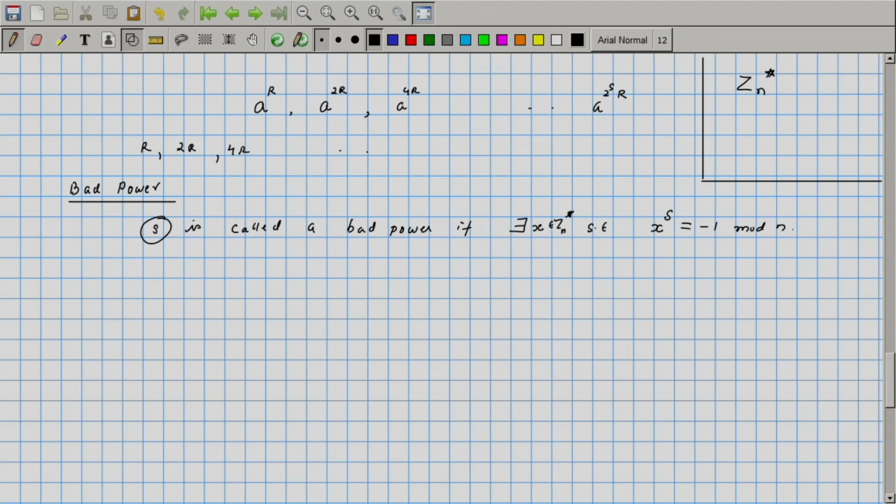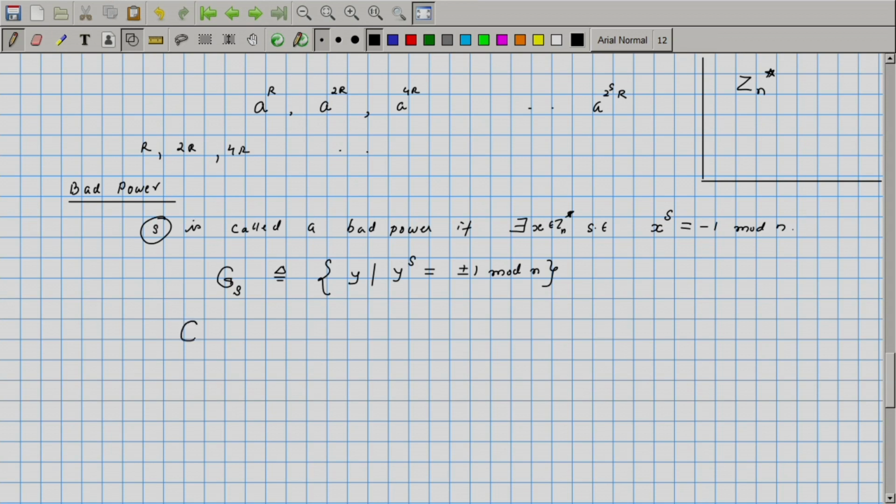And here is a crucial fact: I will define GS to be the set of all numbers y such that y to the s is equal to plus or minus 1 mod n. So, for any bad power I define this particular collection, and they do form a group.